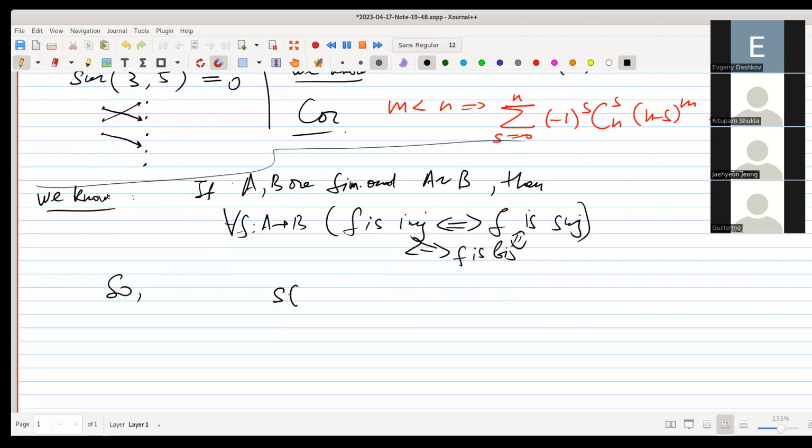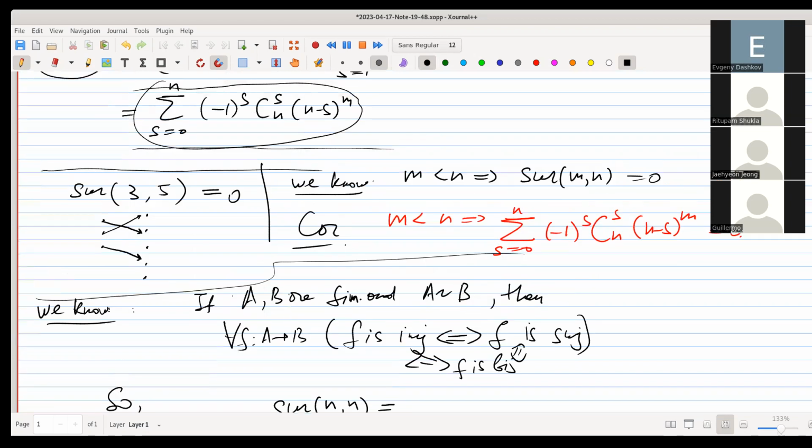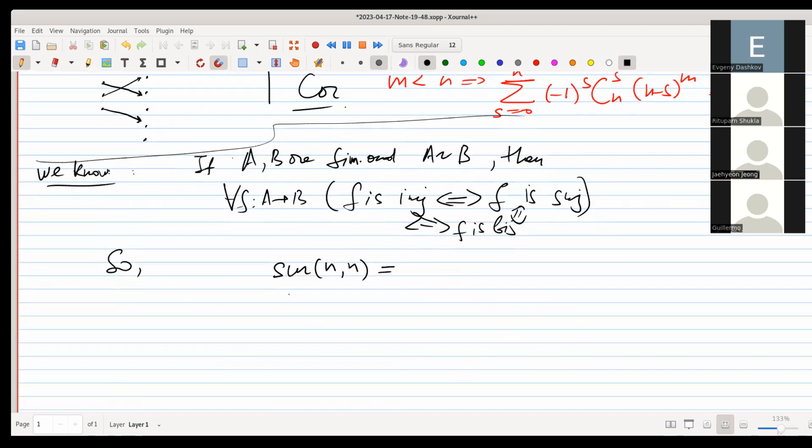So the number of surjections from n to n equals what? On the one hand, according to our formula, it equals this sum. Do you agree? Yes.